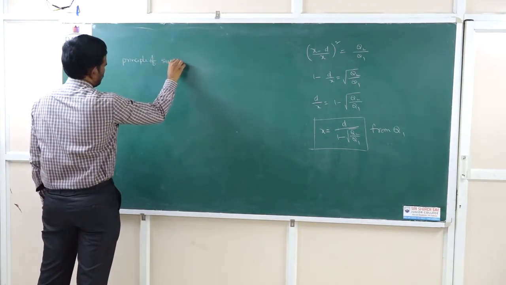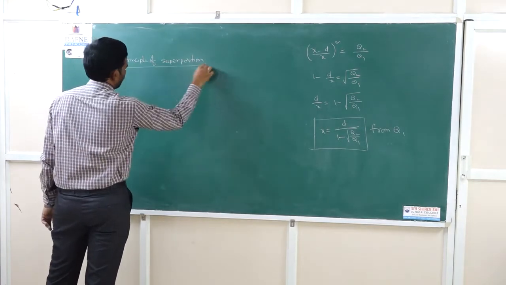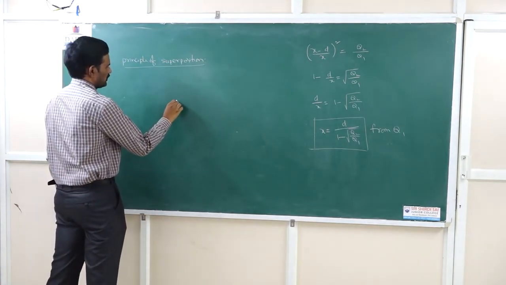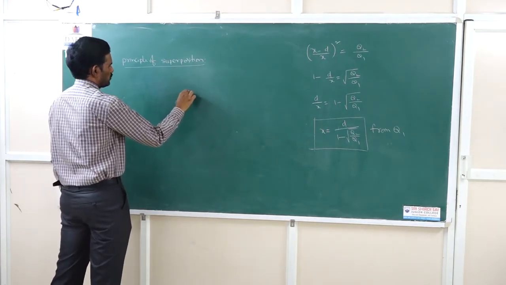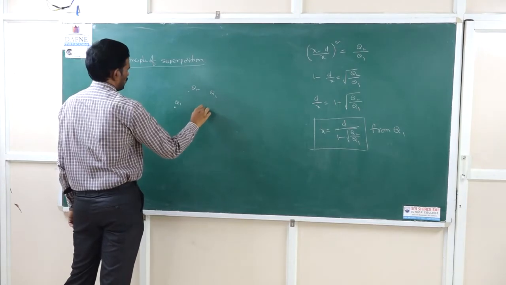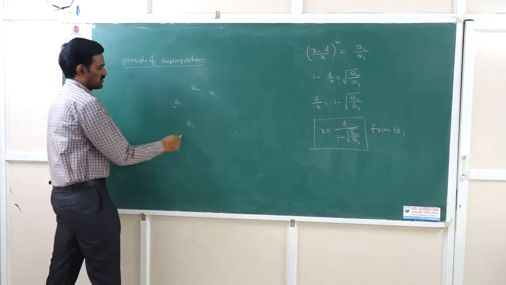So that means when a combination of charges are there, like Q1 and Q2, Q3, Q4, different charges are there here.